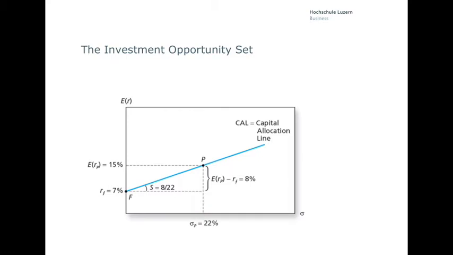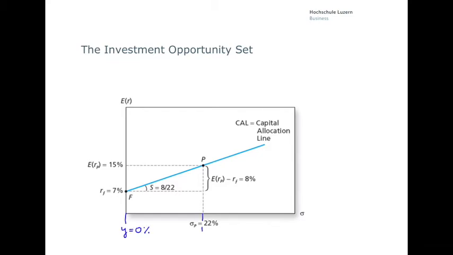Connecting F and P displays the line with all possible expected returns and their given standard deviations for different y's, ranging between 0 and 1.